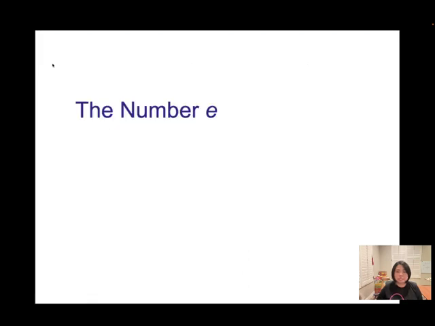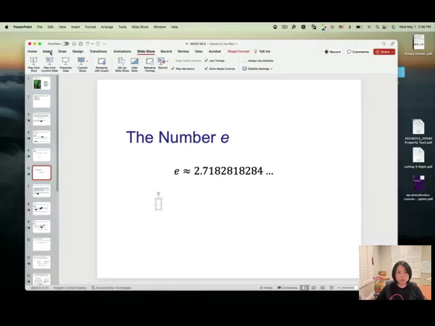The number e is approximately 2.71828. We call this the exponential. The number e, you're going to see e to the power of 1, that will be approximately 2.71828.